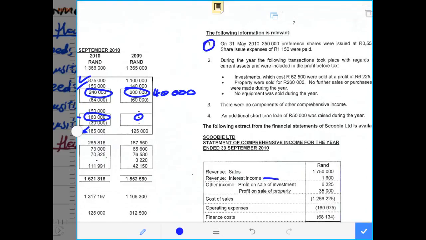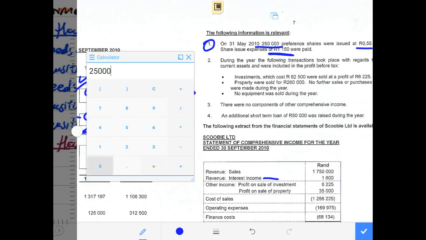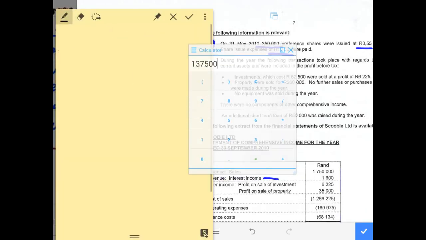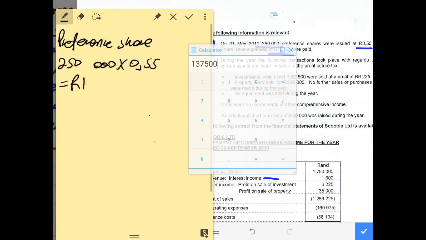Additional information number 1 spoke about the shares. The business on the 31st of May issued 250,000 preference shares at 55 cents, and there was a share issue cost. So 250,000 shares times 0.55 will amount to 137,500 rands.